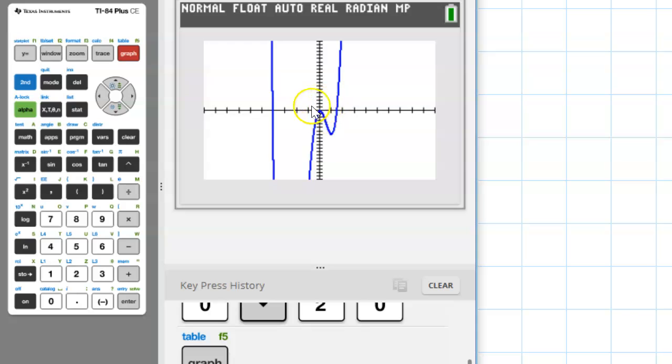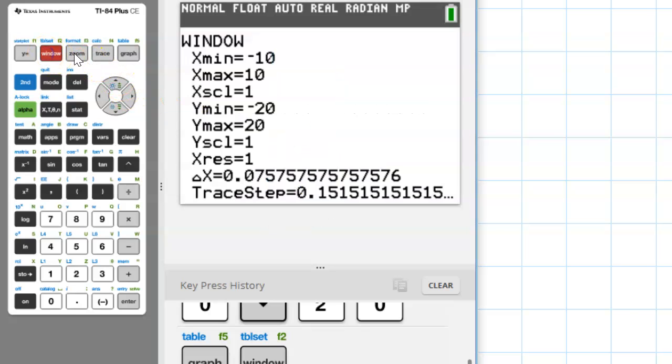Looks like, just by looking at the graph, there's a local maximum at 0, 0, and a local minimum right here at maybe minus 1, 6. I can't quite tell, but we'll look at that in more detail. And there's probably a local minimum down here. I'm going to have to change that window. Let's be extreme about this and dive down to minus 40.